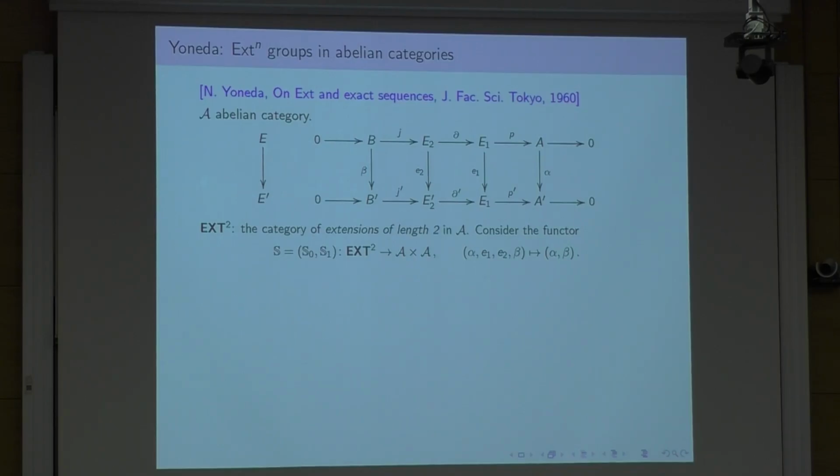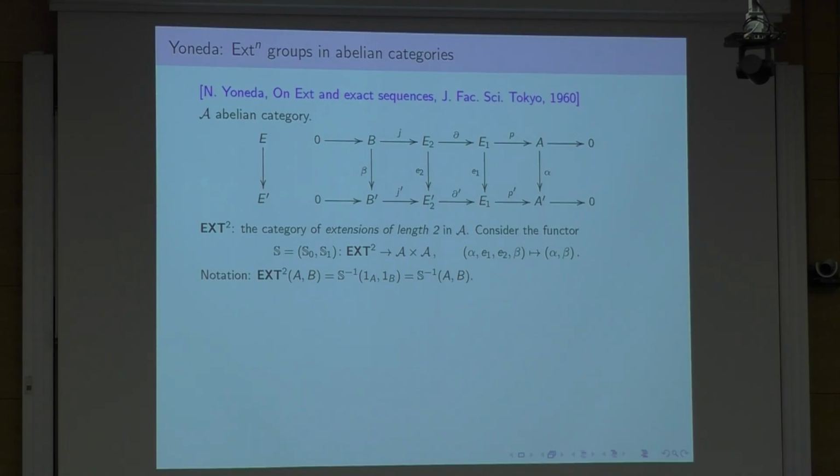And then we have an object, a morphism of objects in the product A squared. Of course, this S is given by two, S0 and S1, and we can consider as a notation the extension starting from B and ending in A, and we say Ext square AB, which is exactly the extensions we are given by S2.